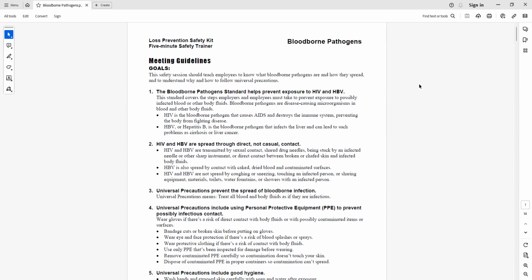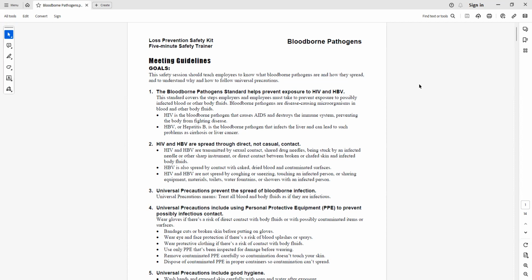HIV is the bloodborne pathogen that causes AIDS and destroys the immune system, preventing the body from fighting disease. HBV, or hepatitis B, is the bloodborne pathogen that infects the liver and can lead to such problems as cirrhosis or liver cancer.